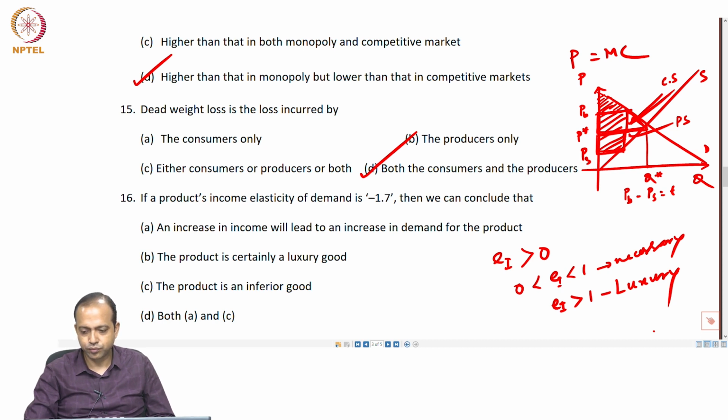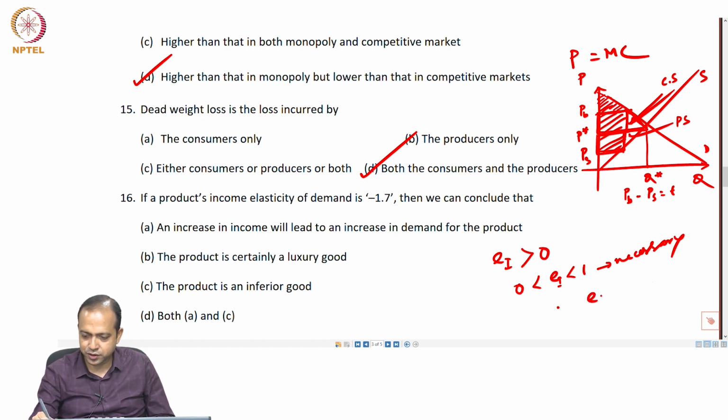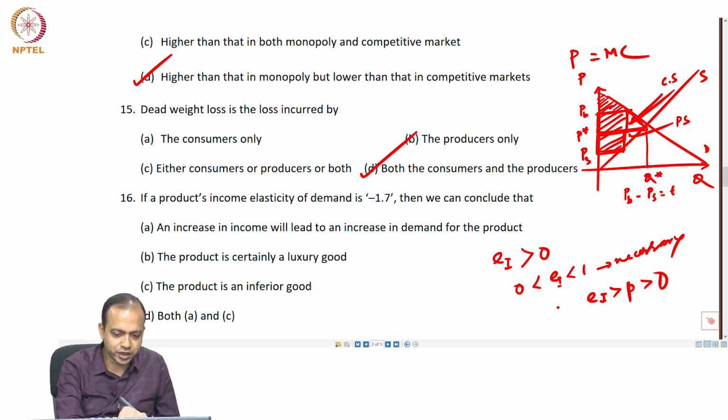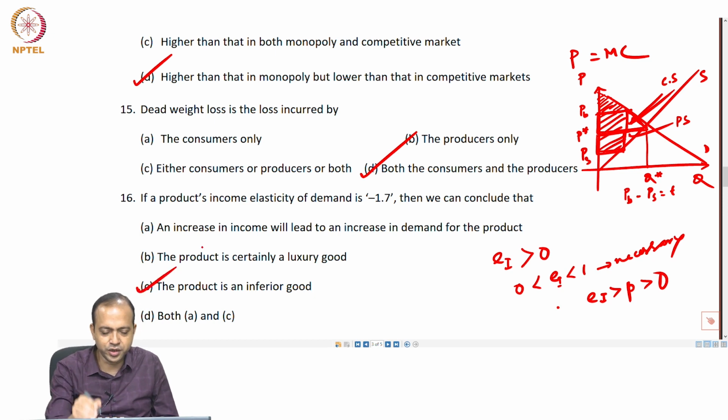Okay? So, we should write like this: income elasticity EI is greater than 0 and it is greater than 1 as well. Sorry, this is 1, let us say this is 0. So, income elasticity should not only be positive, but also greater than 1, then only we can say that the product is a luxury good. So, this is an inferior good, that should be the answer.